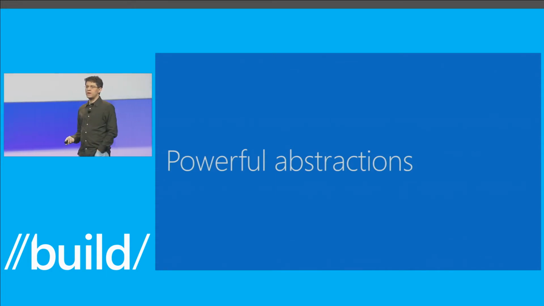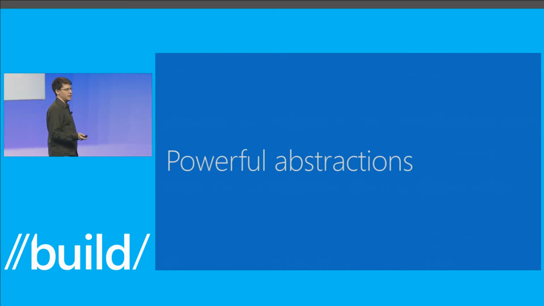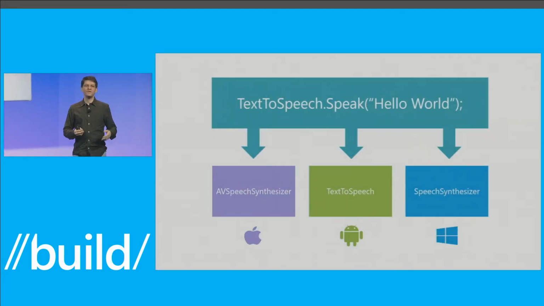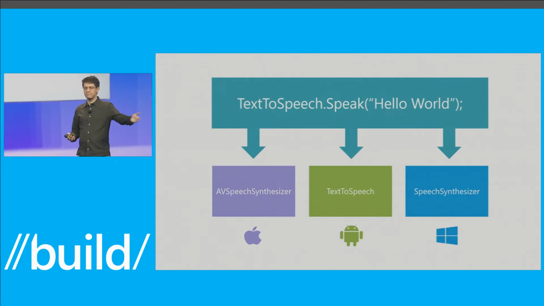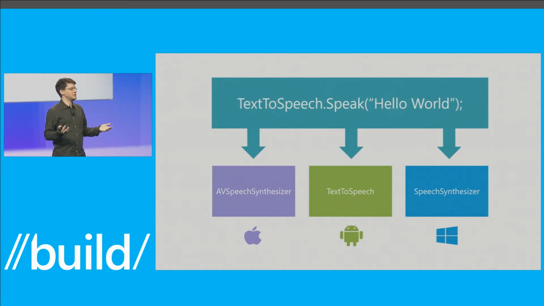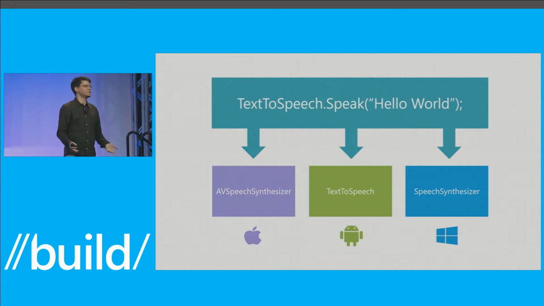Now, the obvious question is, why don't you do some abstractions for simple things for us? There's a lot of things where you really don't need to get to the bottom of the API and get every possible feature of the platform. For example, you probably want something that just has your phone say, hello world, right? So you don't really need to learn everything about the AV Foundation speech synthesizer and learn about audio sessions and everything that goes with it, or the specifics of Android, the specifics of Windows.